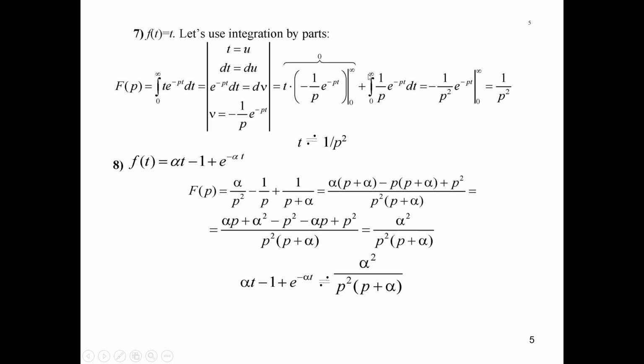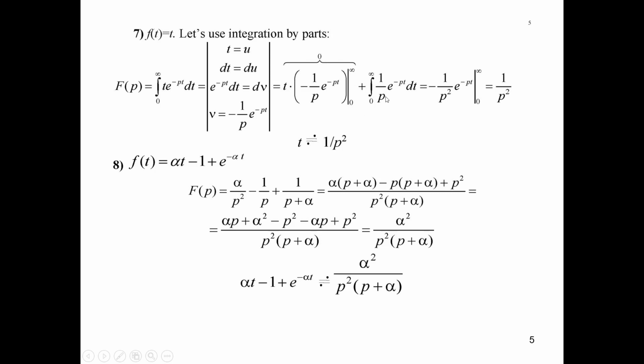Then the first term in these limits will be equal to 0. Why? Because when we substitute infinity, this coefficient will be equal to 0 at t equal to infinity, and when we substitute 0, this coefficient will be equal to 0, and therefore the whole product will be equal to 0. So in both limits this expression will be equal to 0.